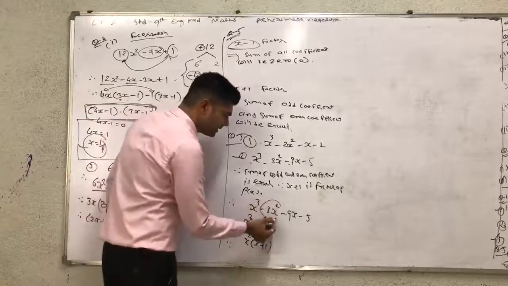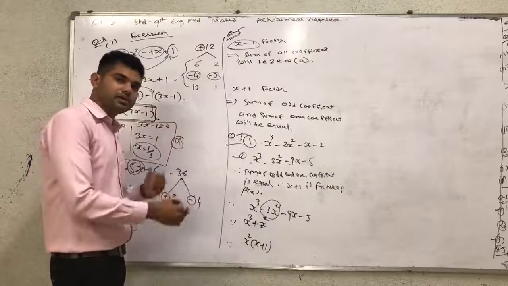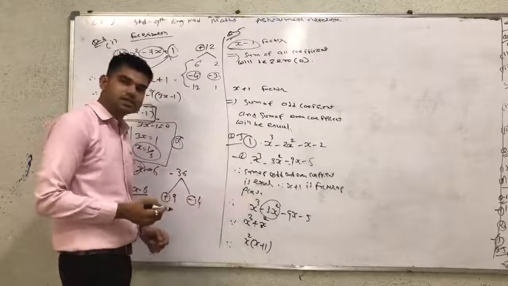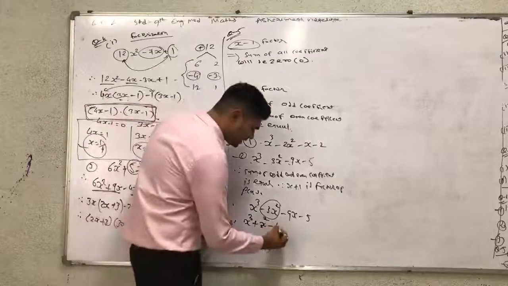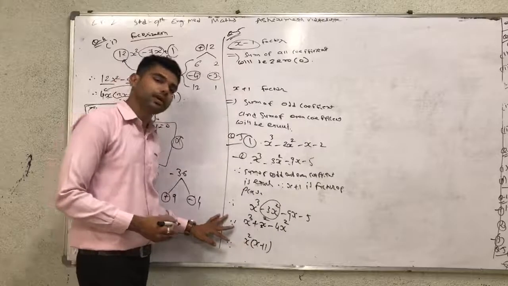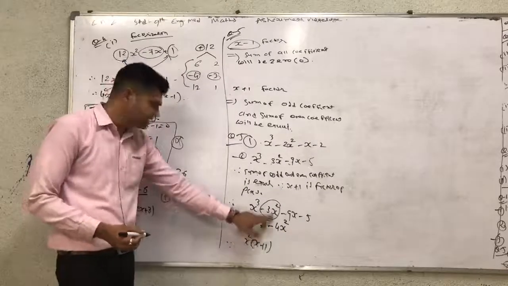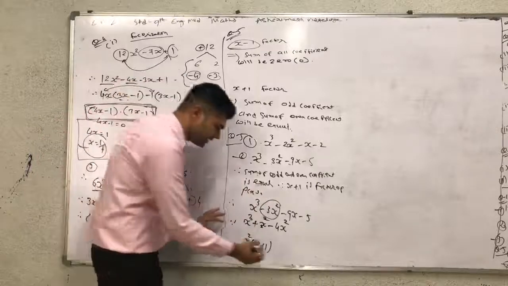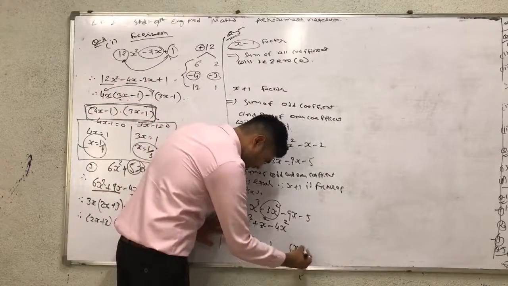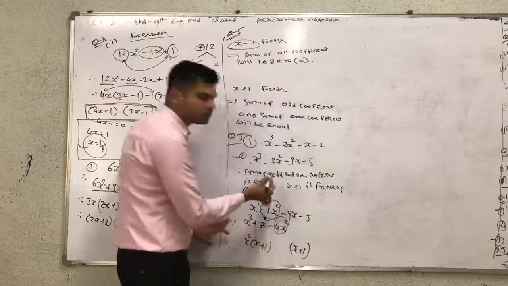But here the answer is minus 3x square, so we have to write only x square. How to convert it? Minus 3x square, so apply minus 4x square. Minus 4x square plus x square, subtraction, then the answer is minus 3x square. So satisfied. Now move on to the next step, and also x plus 1 common in minus 4x square.